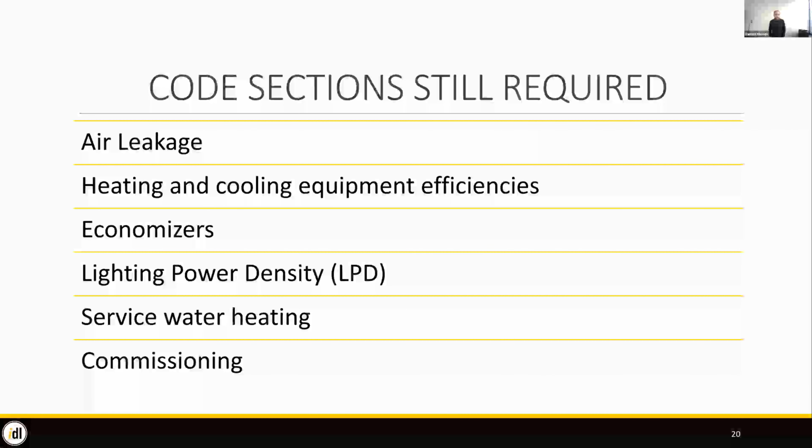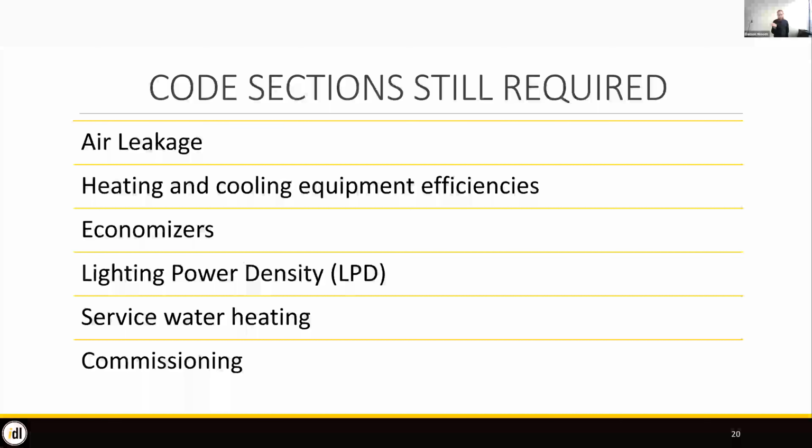And then you can't just say, well, I modeled it and it looks great, so I don't have to do anything else in terms of energy code compliance. There's still some things that are either challenging to model, or are so important to the energy efficiency of the building that the IECC says we're still going to require this. And that is air leakage.